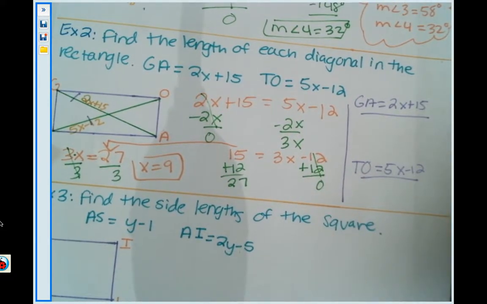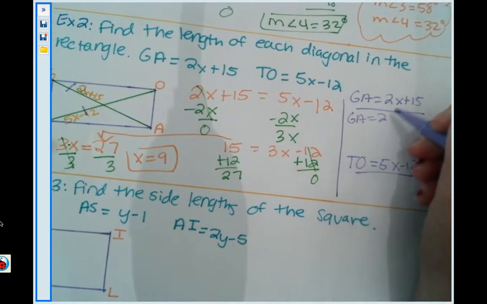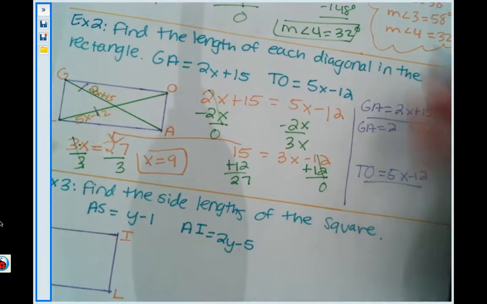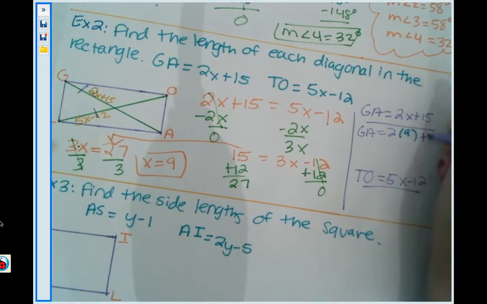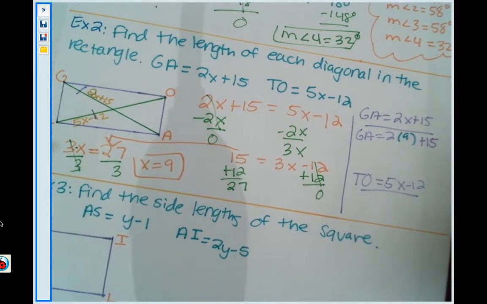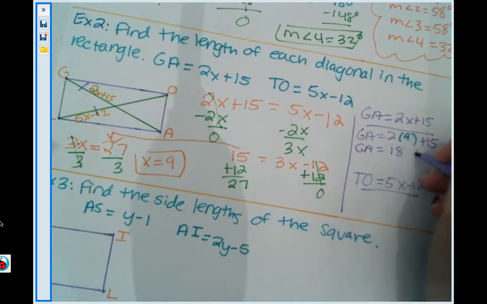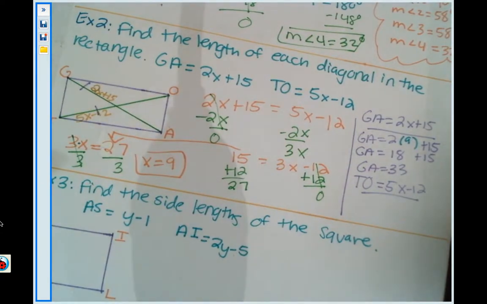GA equals 2 times x, which is 9, plus 15. So 2 times 9 gives me 18, and 18 plus 15 gives me 33. So GA is 33. Yay! We have found one of our diagonals.